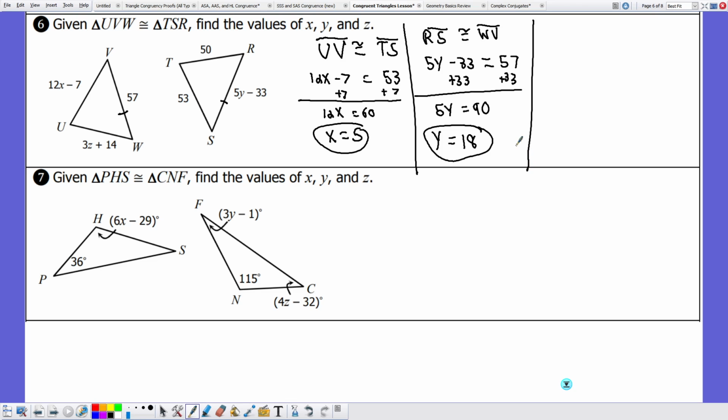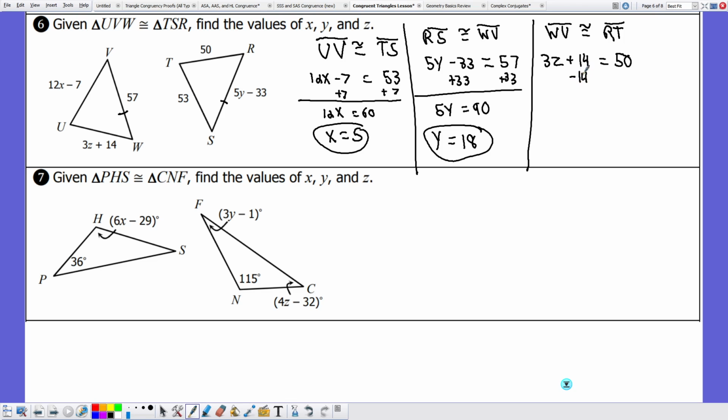Lastly, the side with a z is WU, which is congruent with RT. Substitute in for both sides. So we have 3z plus 14 is equal to RT, which is 50.